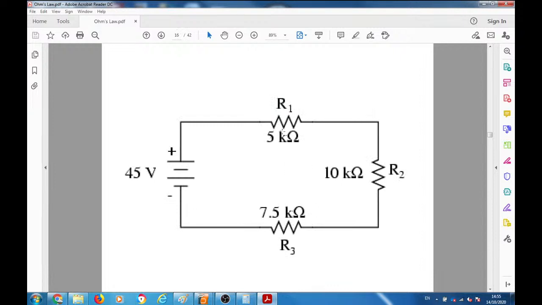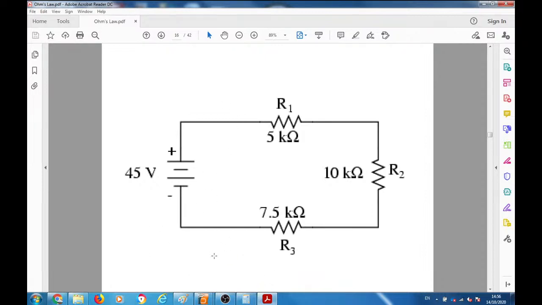And this is another circuit. It's a little bit more difficult. We've got 3 resistors in series. Can you tell me what the current is, and maybe what the voltage drop across each resistor is? So give it a go. First of all, you need to calculate RT, the total resistance.